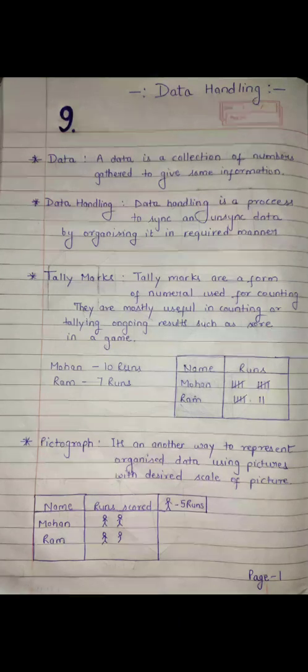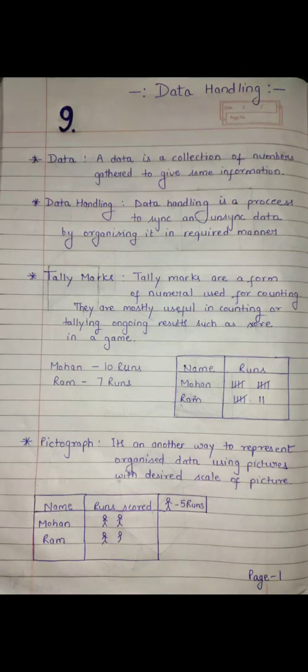As you can see on the screen under the section of tally marks, I have shown you how you need to place tally marks. For example, Mohan scored 10 runs in my example, so I have represented it with tally marks in his section, and Ram scored 7 runs, so I have represented his information with the help of tally marks.